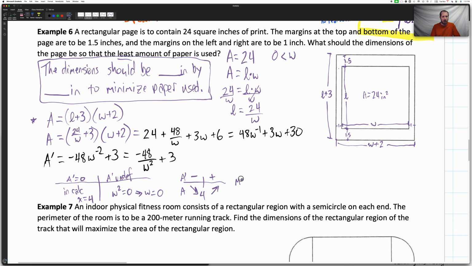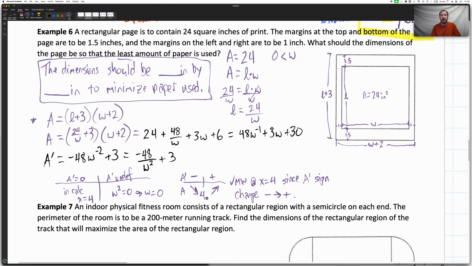All right, so minimum at x or W equals 4, since A prime had a sign change. We went from negative to positive. Okay, so there's our winner.